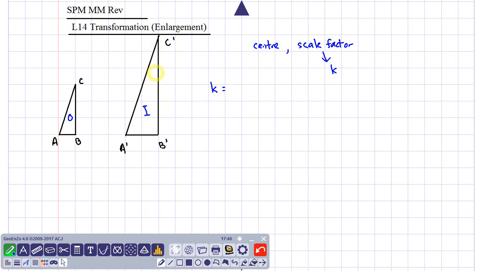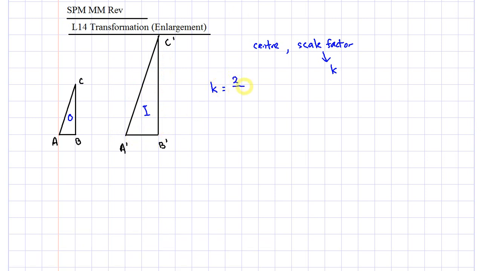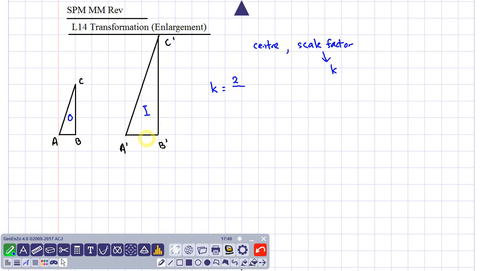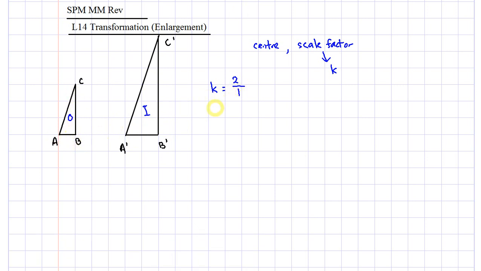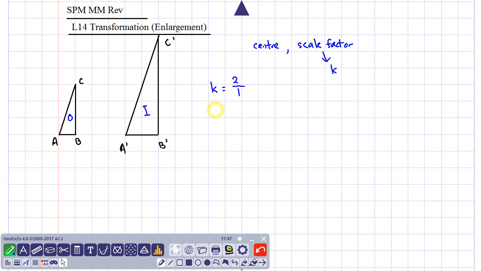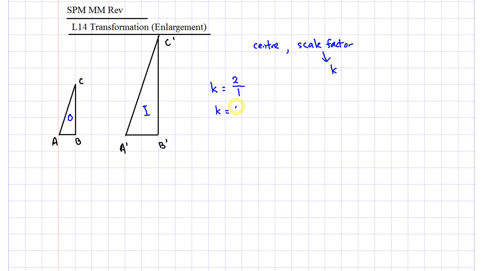You can choose any side to compare. Let's say I choose A prime B prime, 2. Then I need to compare with AB, and cannot compare with other sides. So AB is 1. The scale factor for this is 2.